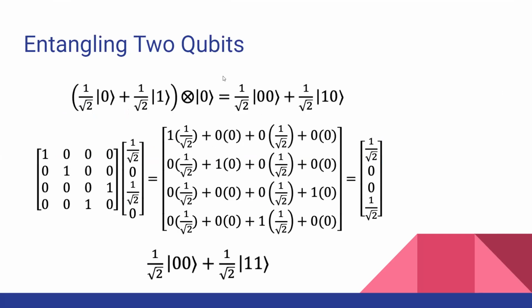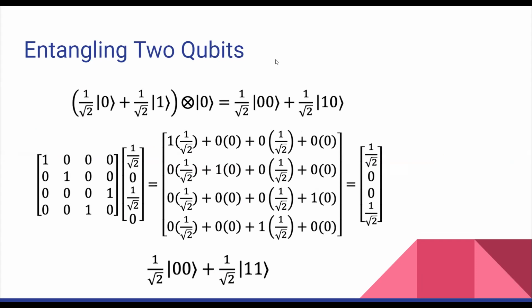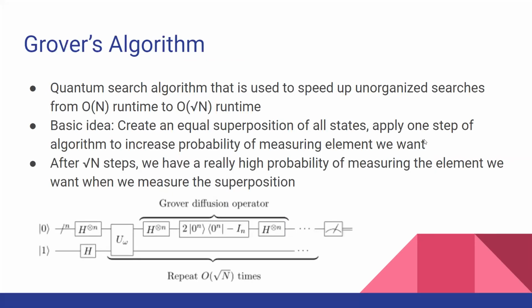So you would actually be passing in this equation right here. This would be your input, that would be your output. And then you would take this, feed it back into the gate, and you would get this again.